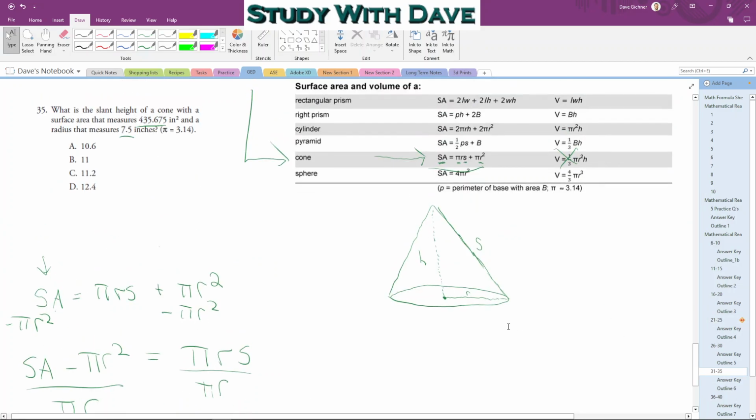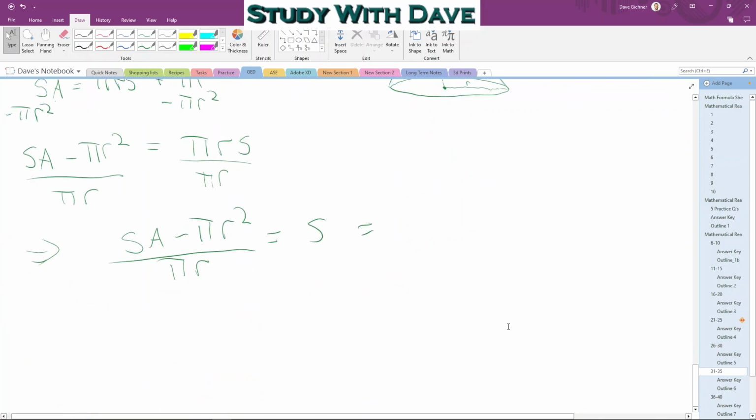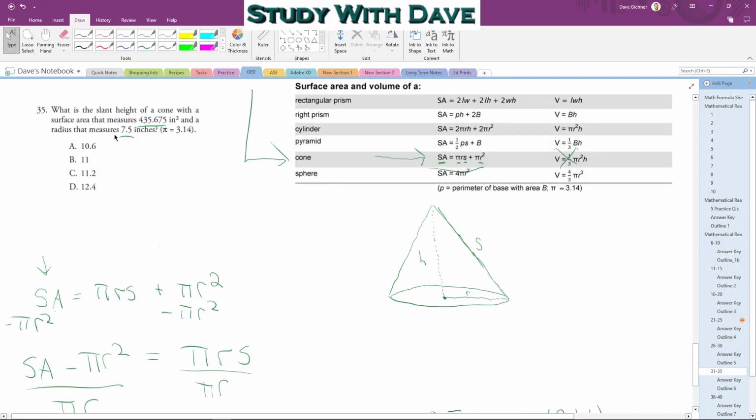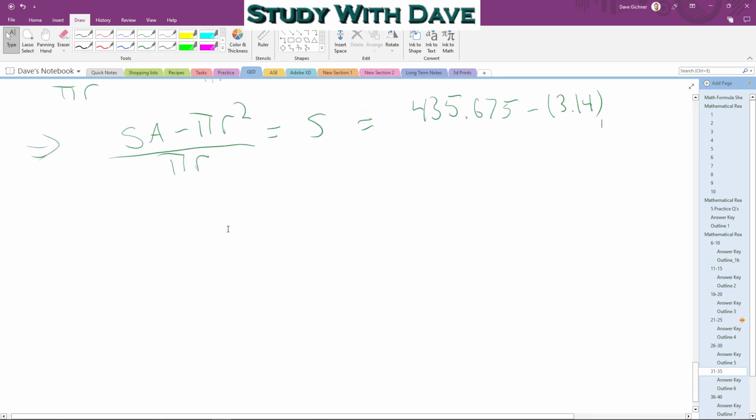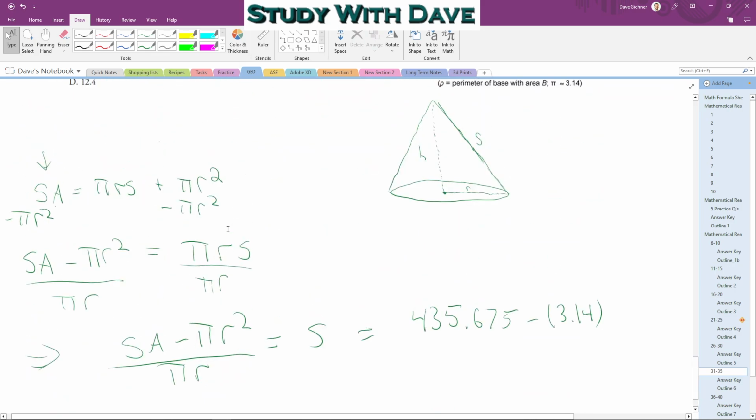So what is SA? 435.675, minus pi, which they want us to use just 3.14, times r squared. What was r? Well, r was 7.5 inches. So 7.5 squared, all over pi r, or 3.14 times 7.5.